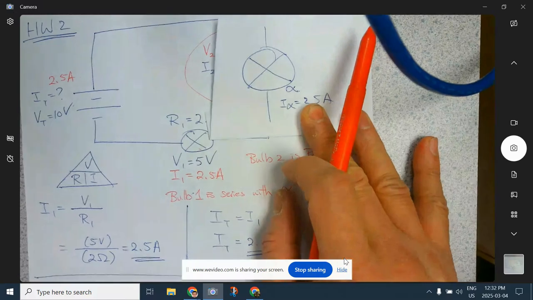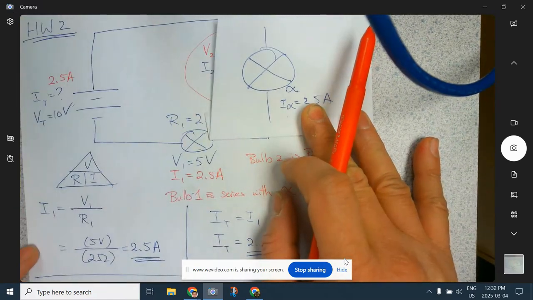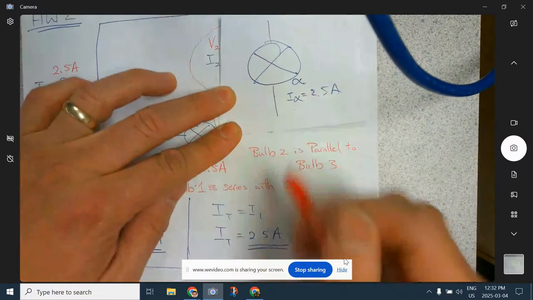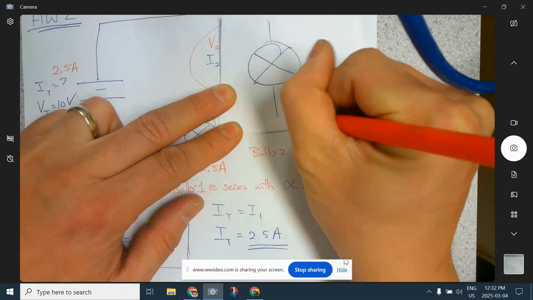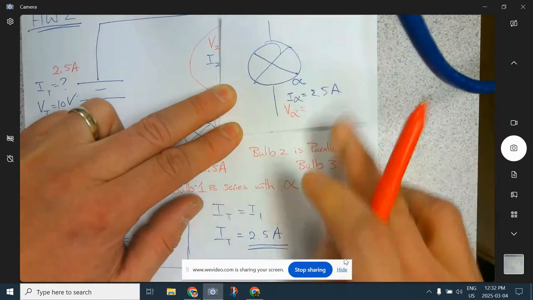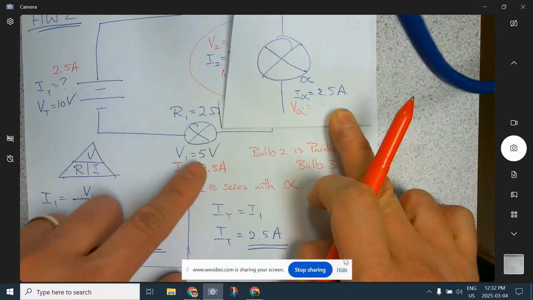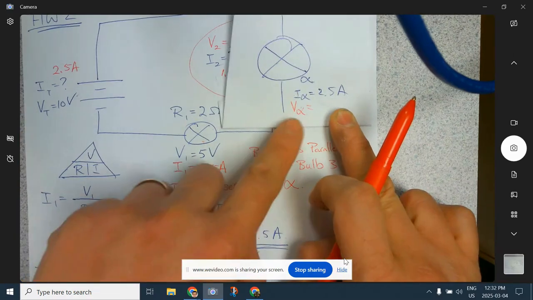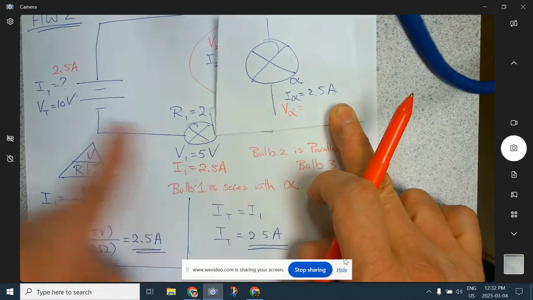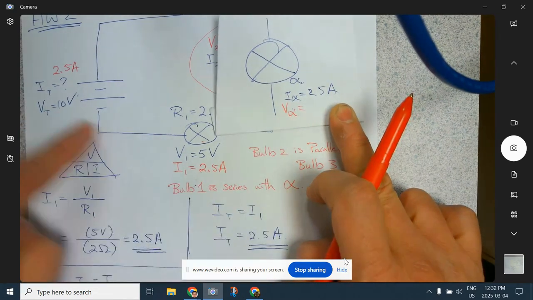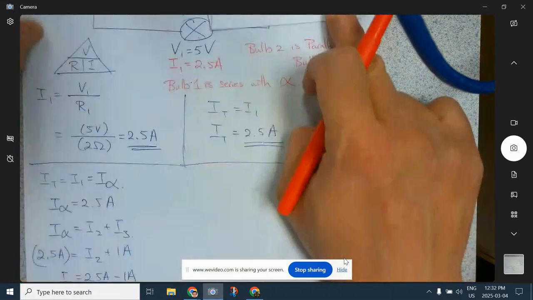We treat it like that. And because this is all in series, the voltage would really just be the sum. So basically, V1 plus V alpha would equal 10 volts. These two add together to give you 10. So let's figure out what this is.